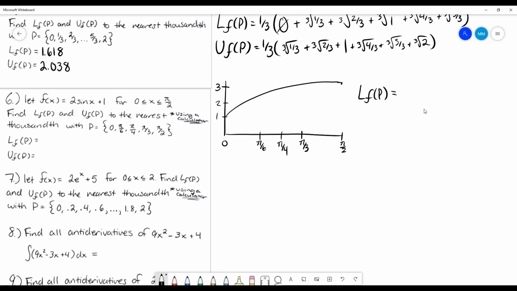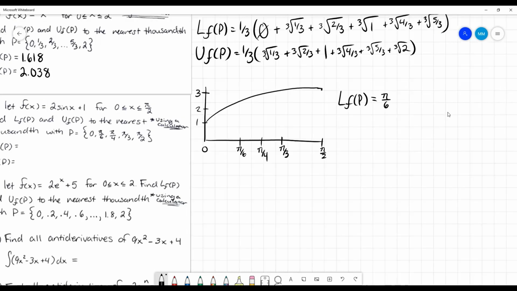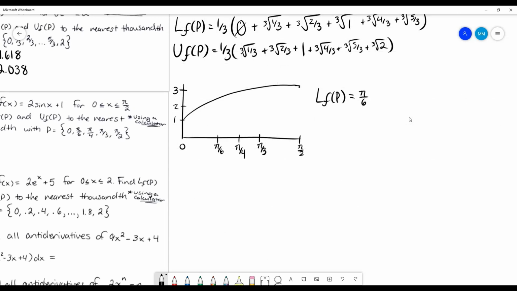So it's going to be 2 sine of 0, which is just 0, plus 1, which is 1, times this distance of pi over 6. So pi over 6 times 1 is just pi over 6, sorry. Next up, we've got this distance, which earlier we determined was pi over 12, as is this. Okay.